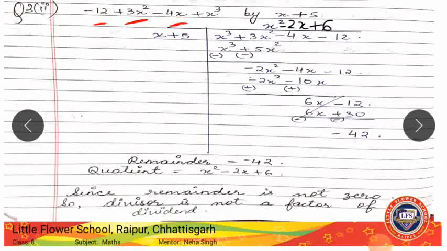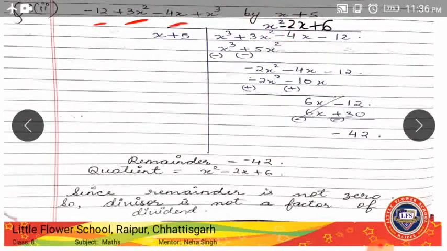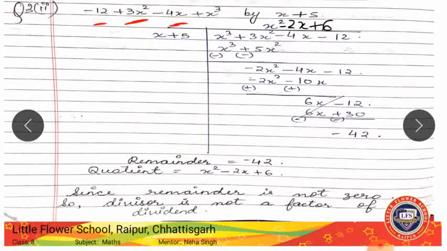And then we'll multiply the first term of the quotient with the divisor. This x square will be multiplied with this x plus 5, right? Then after multiplying this x square with x plus 5, we'll subtract the numbers. We'll subtract here.